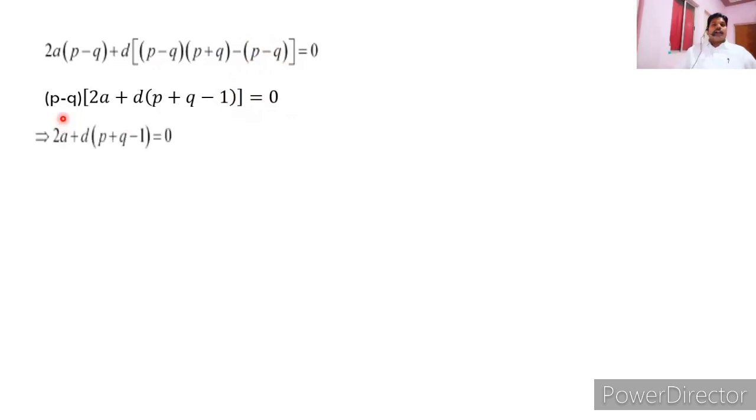Here, the question already says P is not equal to Q, so that does not become 0. Compulsorily, A into B equal to 0 means A equal to 0 or B equal to 0. This value is not 0, so automatically this value will become 0. So 2A plus D into P plus Q minus 1 is equal to 0.